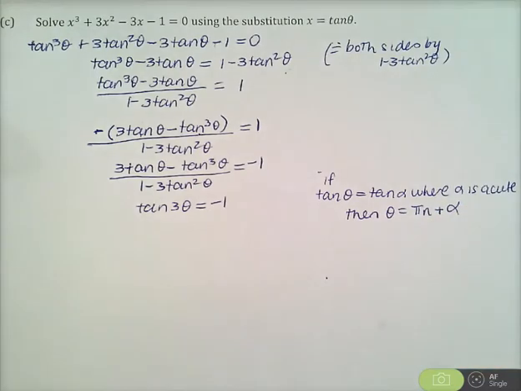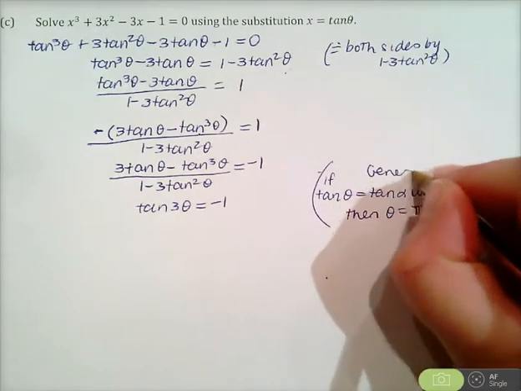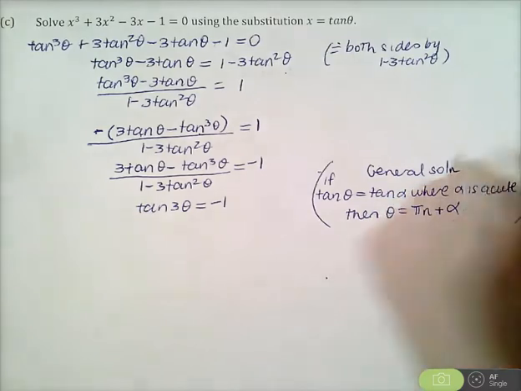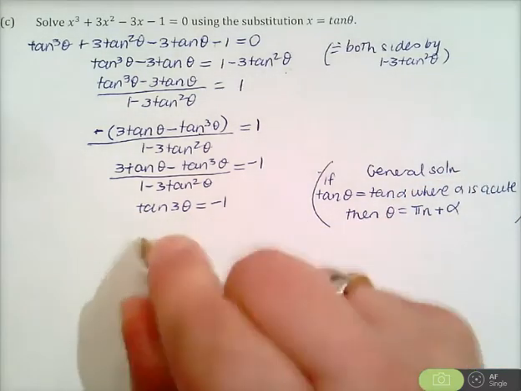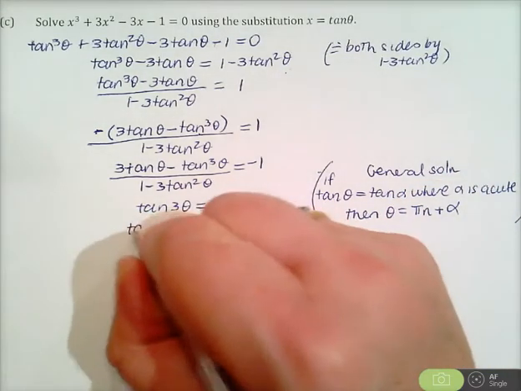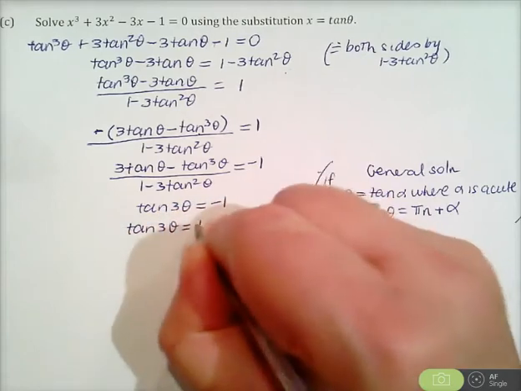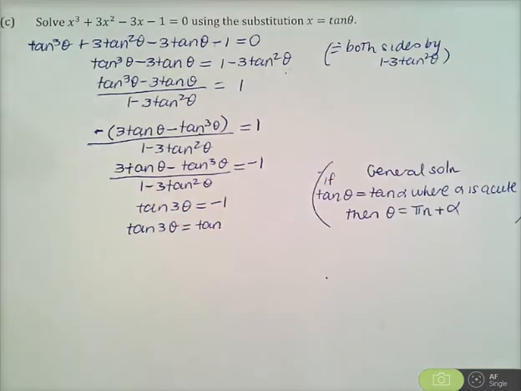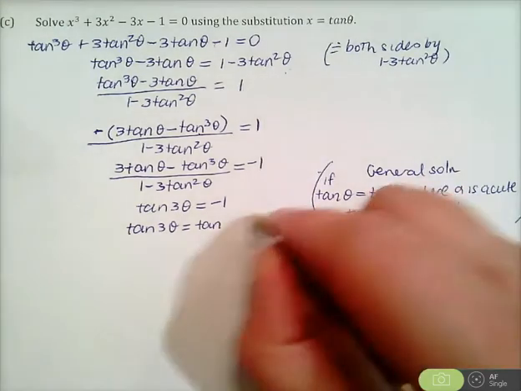Okay, so that's the general result, or the general solution for tan theta. Okay, so writing it in that form, so therefore tan 3 theta equals tan. Now we know that tan 45 is 1, but tan of negative 45 is negative 1.